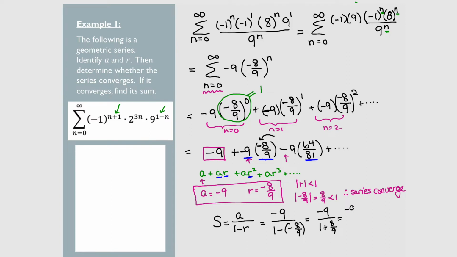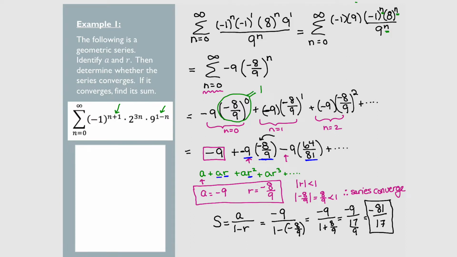And if I do a little bit of math, that's negative 9 over 9 plus 8 over 9, is going to give me 17. I did it again. Is going to give me 17 over 9. And when I flip and multiply, I think that gives me negative 81 over 17. That means this series adds up to, or converges to, a sum of negative 81 over 17.